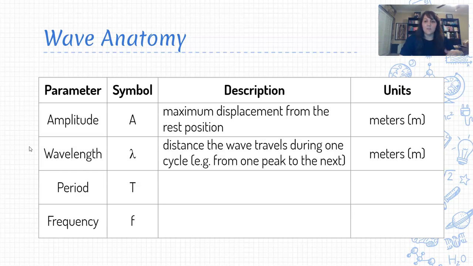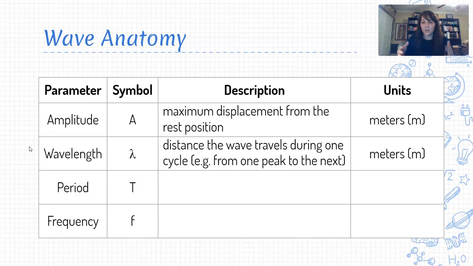Now, wavelength also describes a distance, also measured in meters, but instead of looking at the displacement of an individual particle that's being disturbed by the wave, the wavelength describes how far the wave travels during the course of a single cycle.